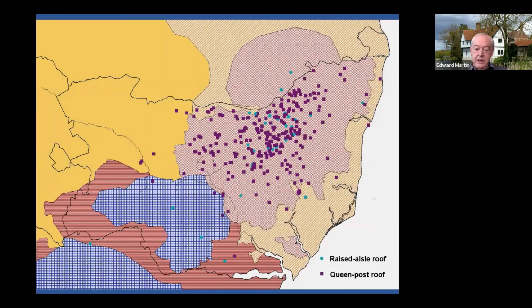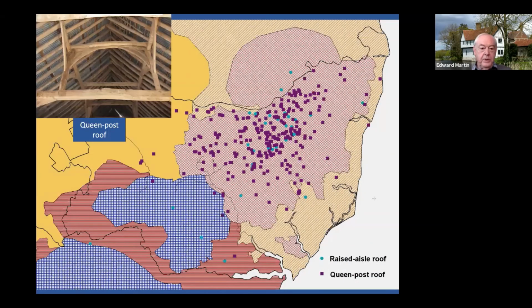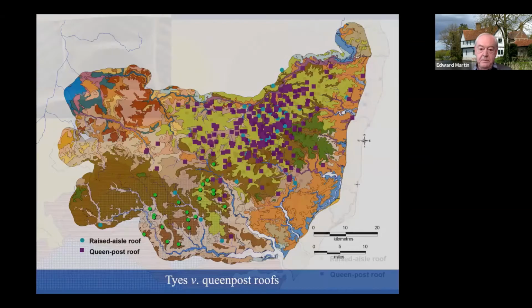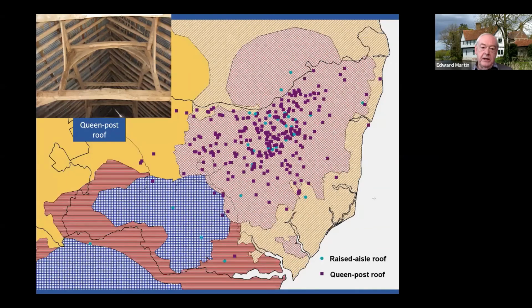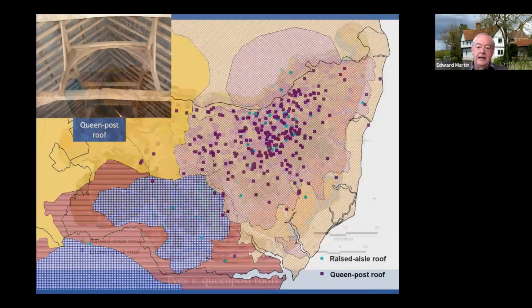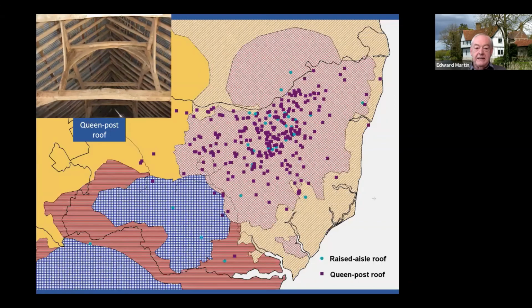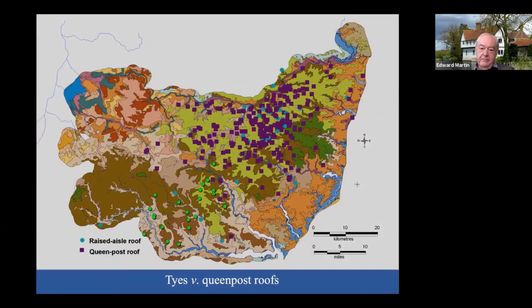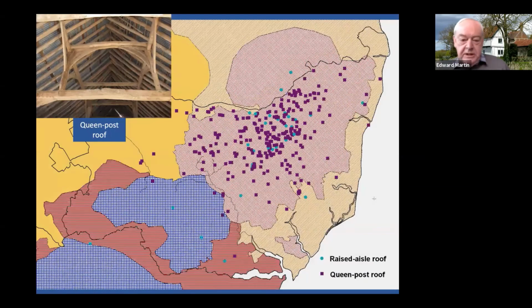A very interesting group are queen post roofs, because this is a very good roof construction, and it's something which you can use in any area, but for, again, uncertain reasons, it is found in northeast Suffolk, and it doesn't appear to cross our boundary at the Gipping, or hardly crosses it, indicating that what we saw as a boundary for other reasons is reappearing in our building types.